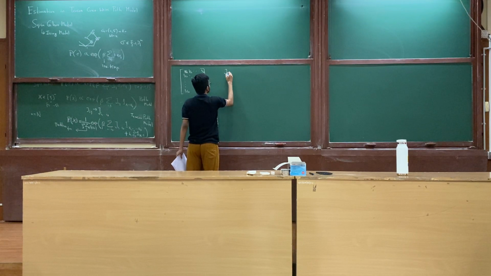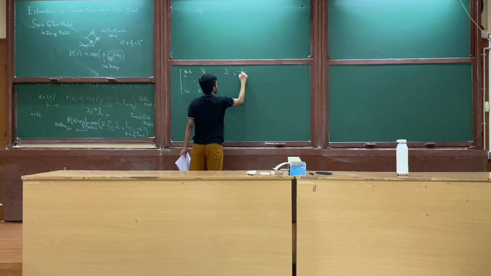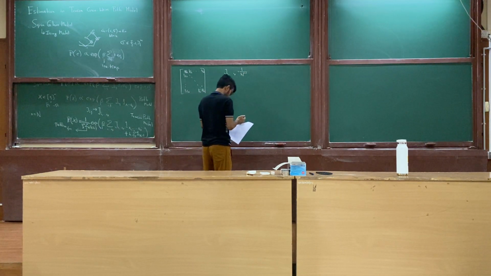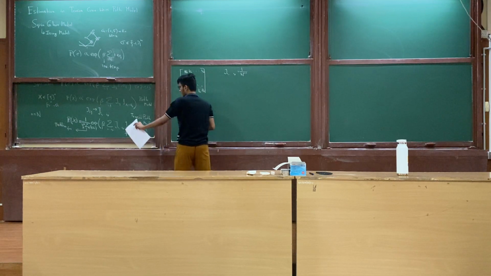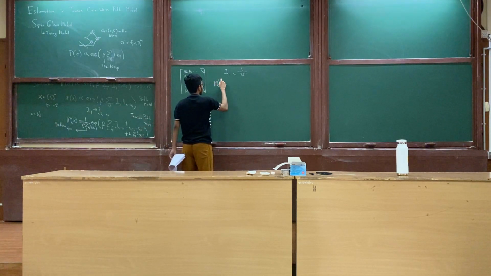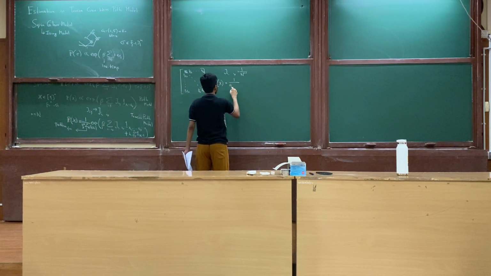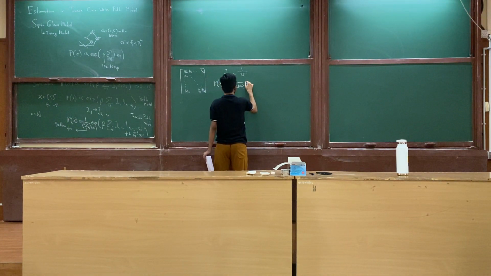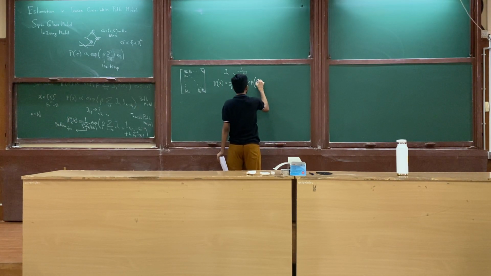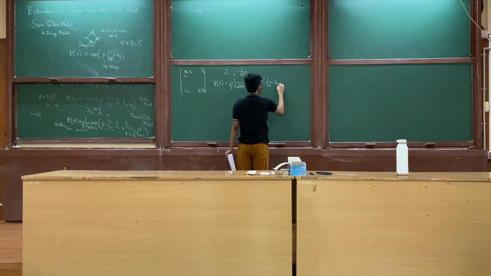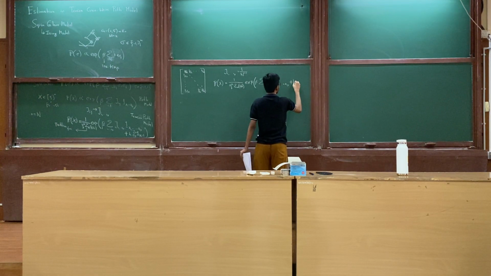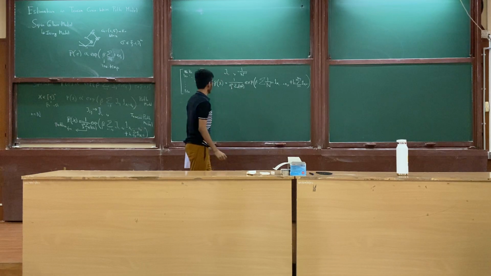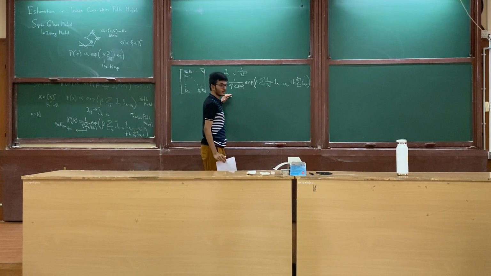So we will write J_{i1 to ip} equals to, and now this distribution becomes probability X equals x is 1 by q to the power n Z_n(beta, h) exp. Okay, so this is now our probability distribution.